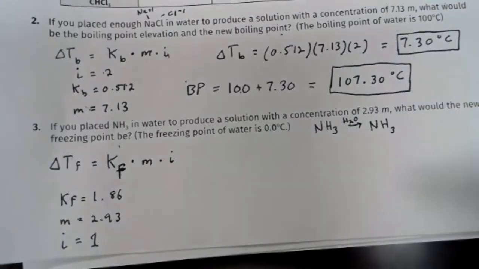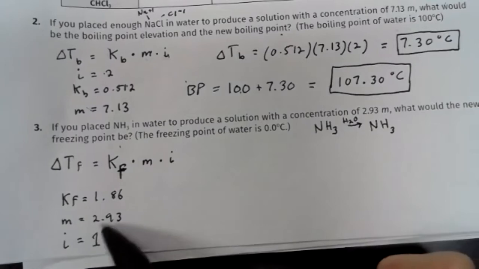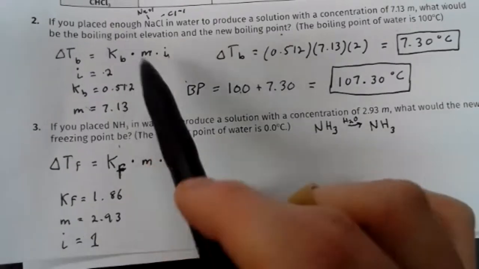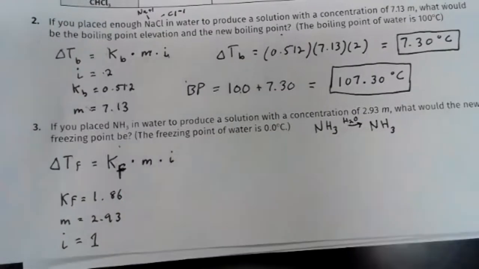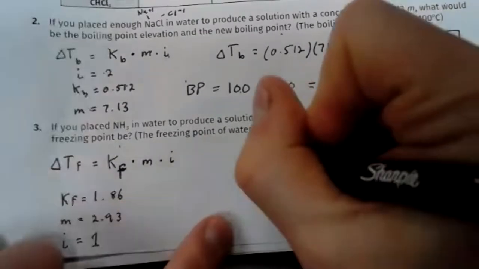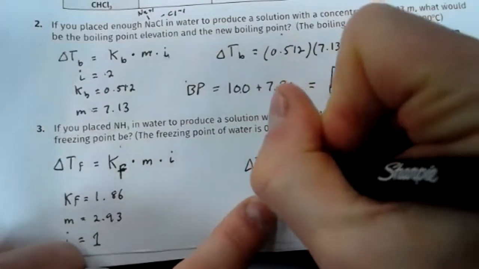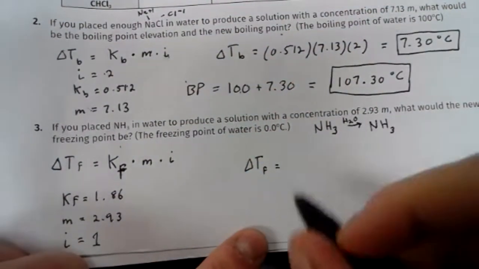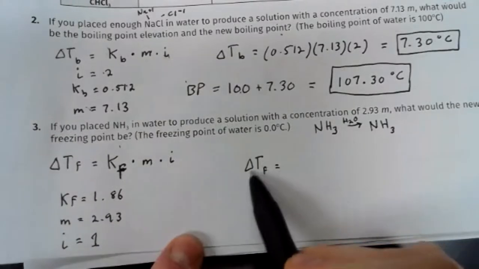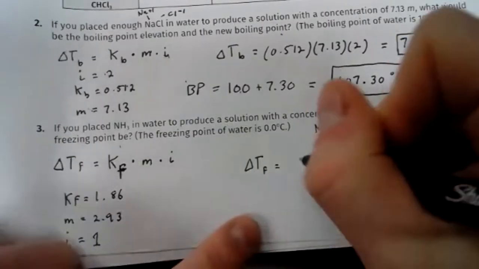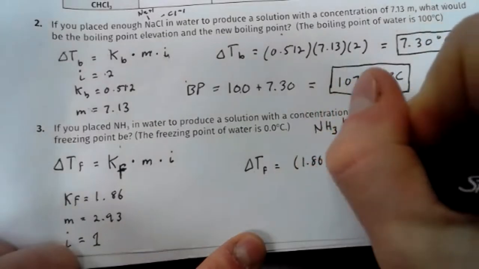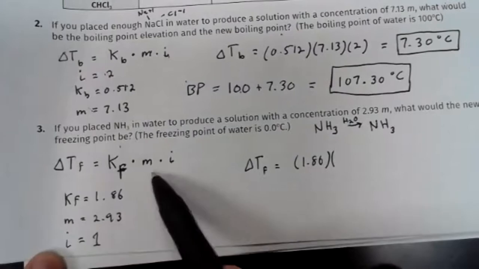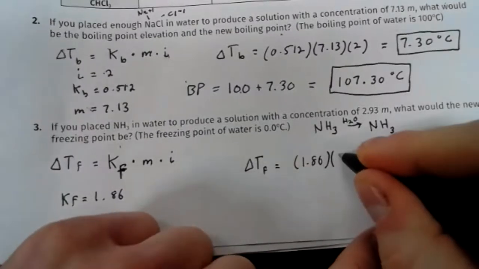So what you can imagine now is because we've only got one thing, this is probably not going to change the freezing point as much as maybe something with 2 particles would. But at any rate, let's see if we can confirm that using some actual numbers to prove our point. We have our delta T of F, or our change in freezing point, is going to be 1.86, we're going to multiply that by our concentration, our m, 2.93.